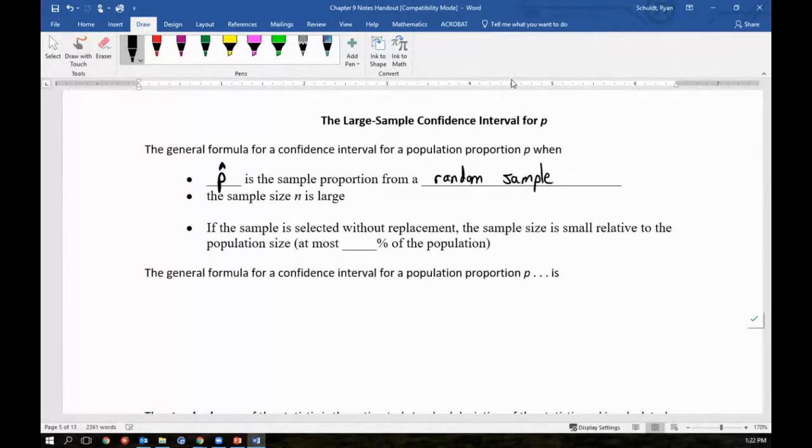The sample size n has to be large. This is how we started our problem today. We have to check that n times p hat is greater than or equal to 10, and n times 1 minus p hat has to be greater than or equal to 10.